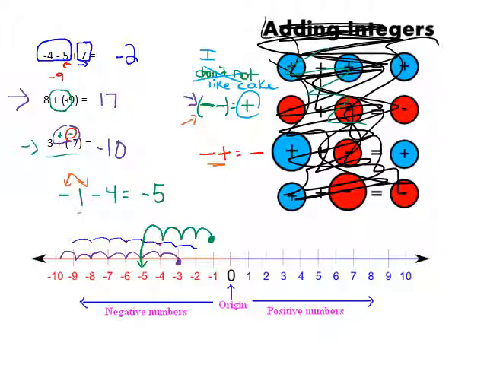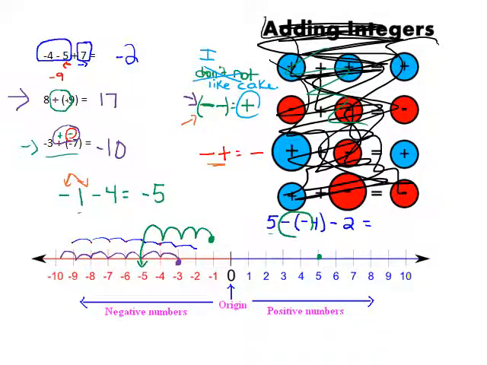All right, let's do one more. Since we have time, it's a very short video. Let's do 5 take away negative 4 minus 2. 3 steps on this one. Okay, so we're starting at 5, which is right here. And then we're subtracting a negative 4.